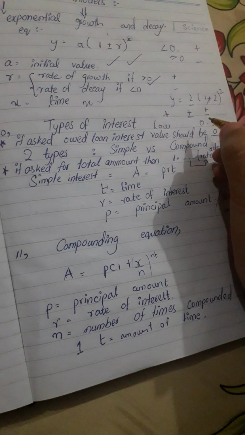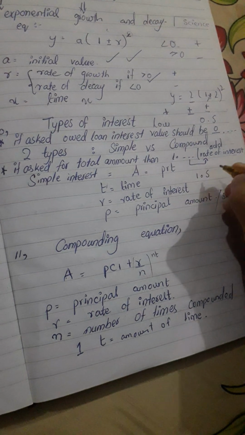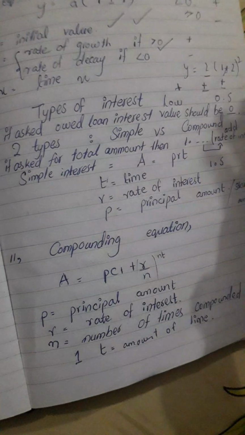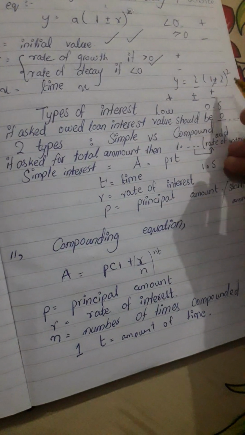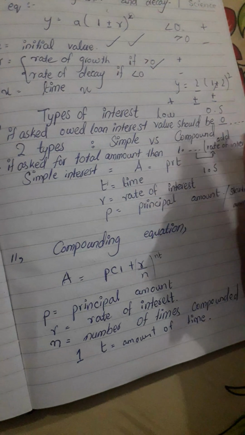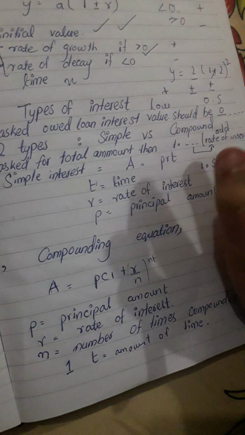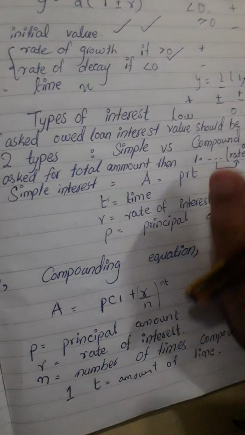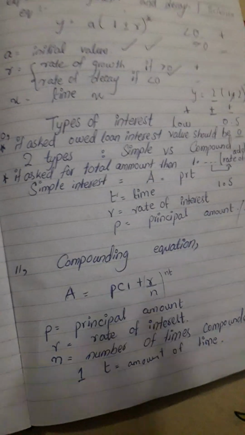Meanwhile, if it's a total amount, then you should write the value in points, like 1.5, 1.0005, 1.8, 1.9. Meanwhile, if it's low, you should write it in a decimal form like 0.8, 0.10, 0.12. It can be whatever you want to write. Just take an example. It is simple.